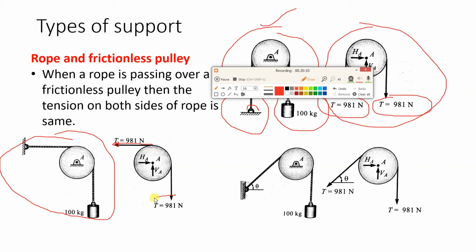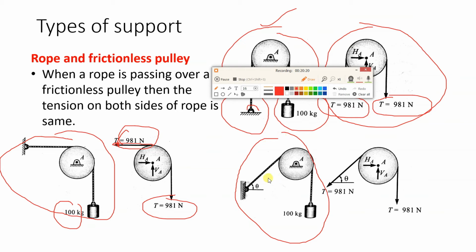Okay, and if you see both the tension magnitudes, they are the same. Okay, why? Because the same rope is there, that is why. Okay, in the third diagram also you will see the same thing, tension will be in this direction away from the body and the magnitude of tension is the same.